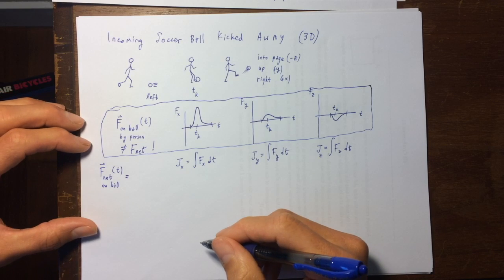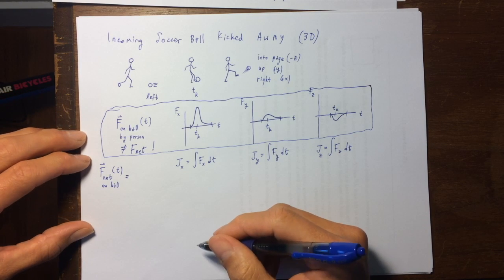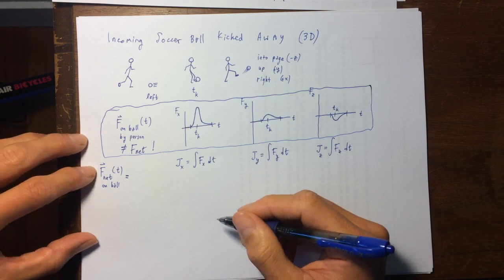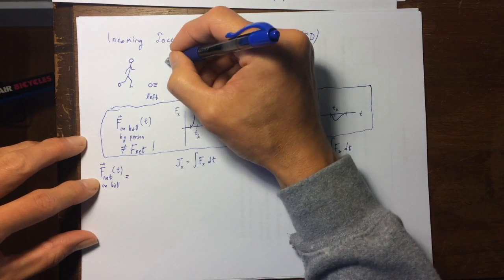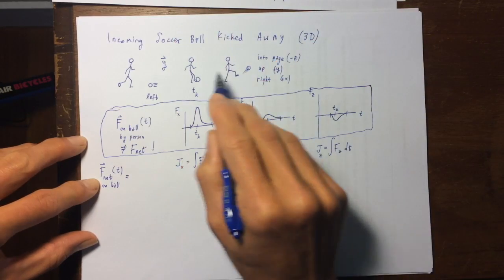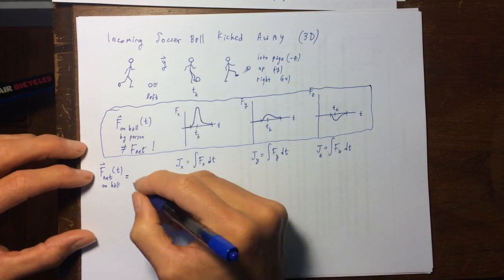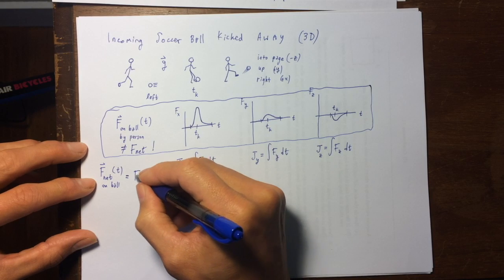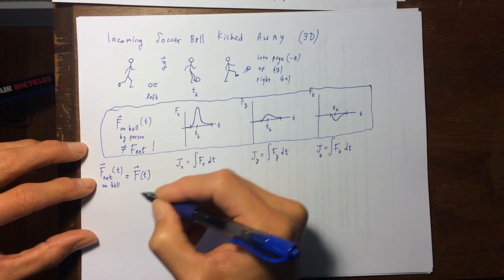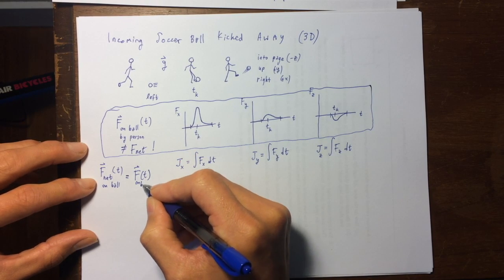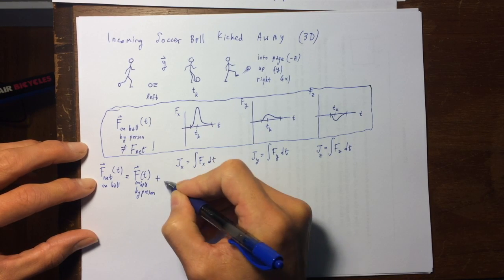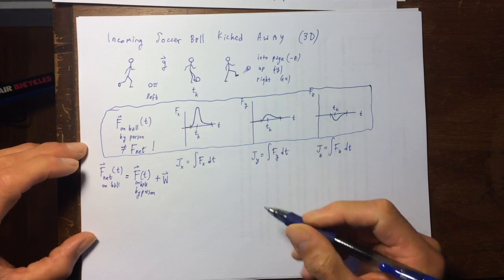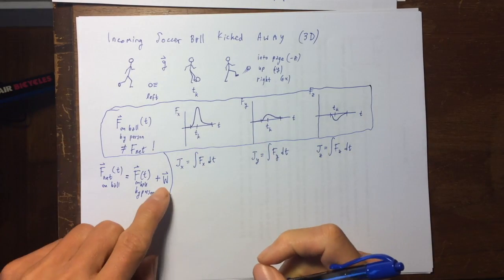If you want to include friction or air drag or anything else, then you have to go and do a little bit more work. But a realistic model includes the fact that gravity is everywhere on the soccer field. And so really the net force is the force on ball by the person plus the force by gravity, which is called the weight force.